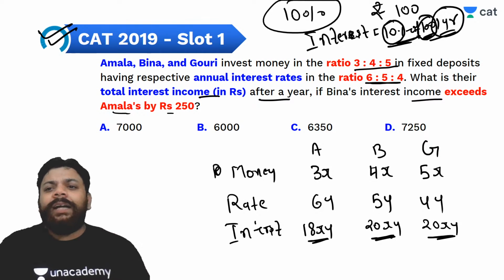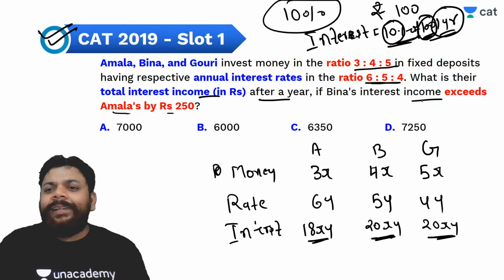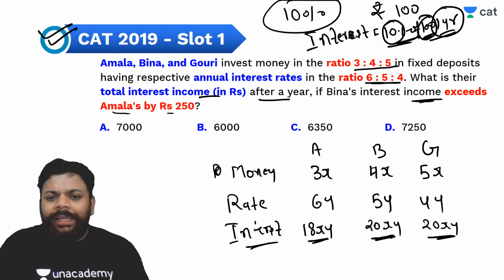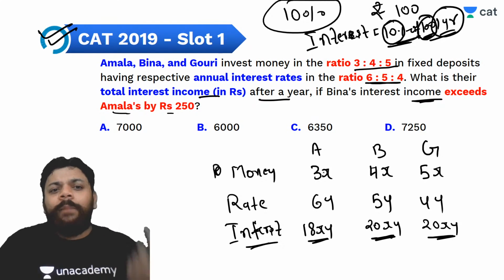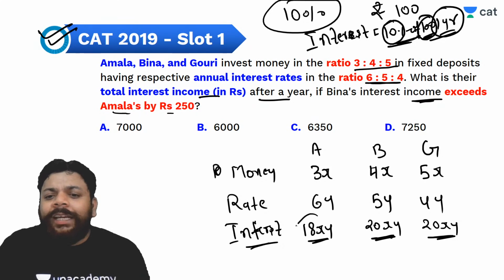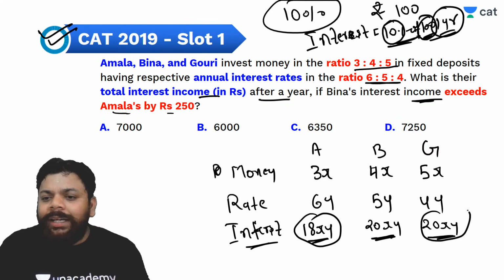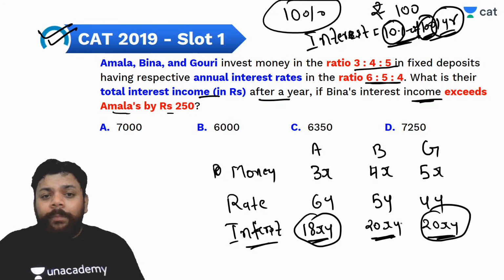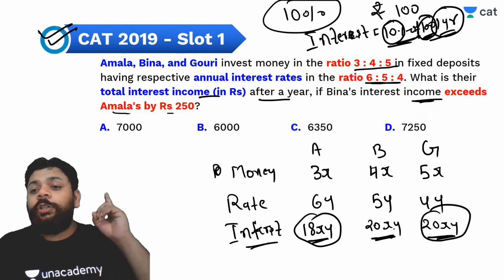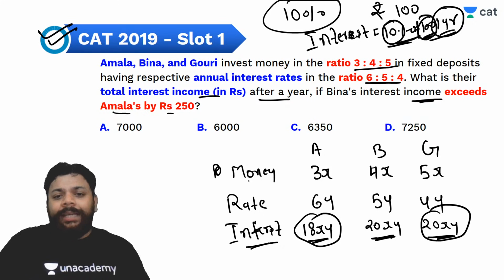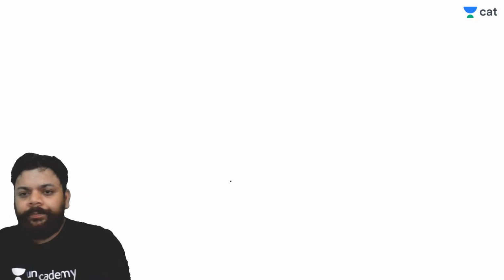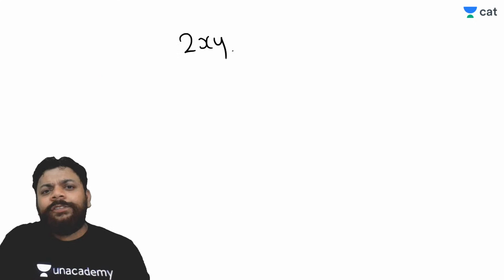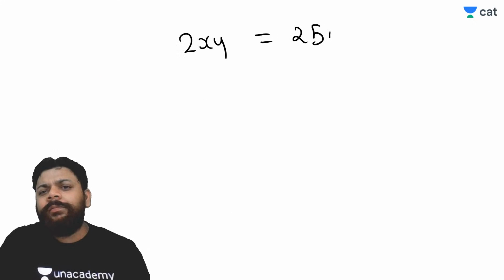Now it is given that if Bina's interest income, since interest तो यही है, exceeds Amla, in terms of xy, I can say that Bina's interest is exceeding Amla's income by 2xy. So can I say that 2xy will be equivalent to 250?